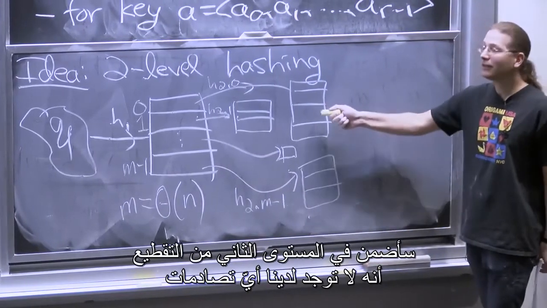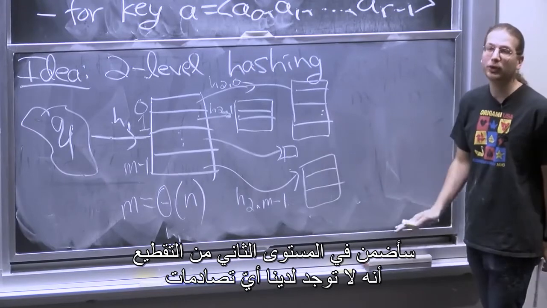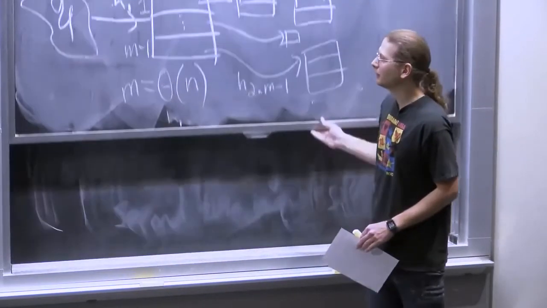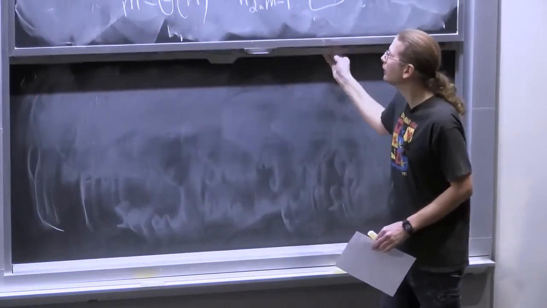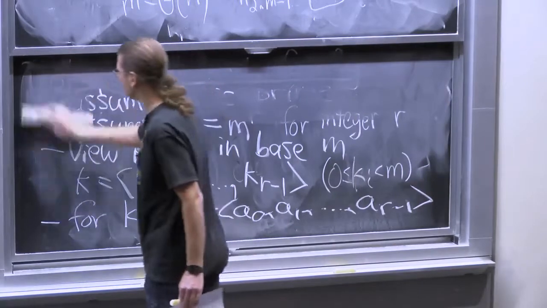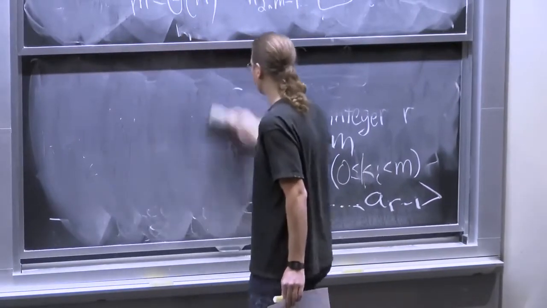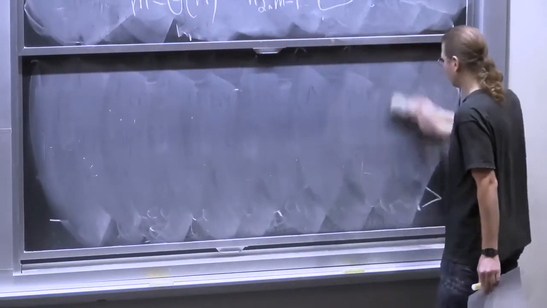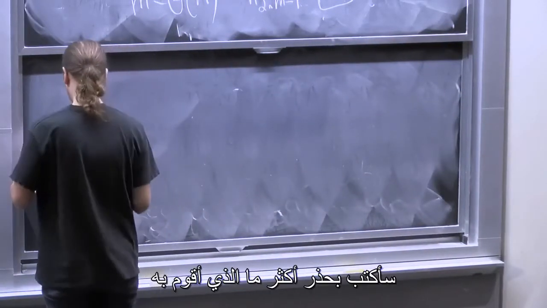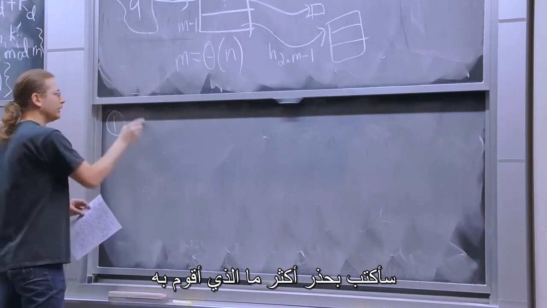I'm going to guarantee in the second level of hashing there are 0 collisions. Let that sink in a little bit. Let me write down a little more carefully what I'm doing.